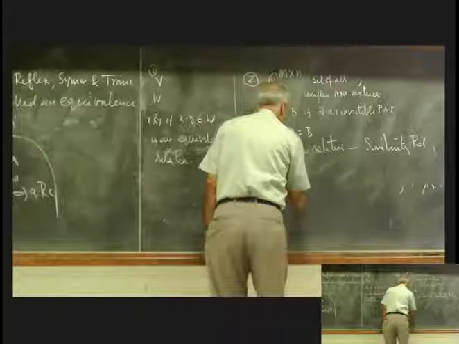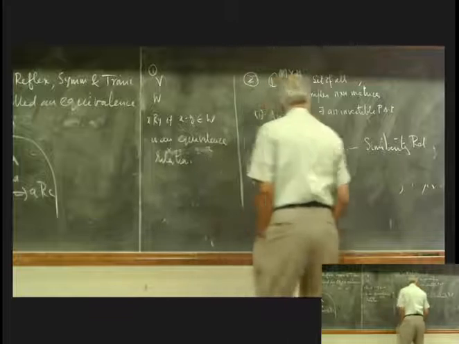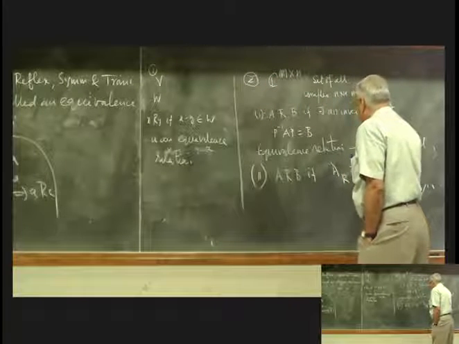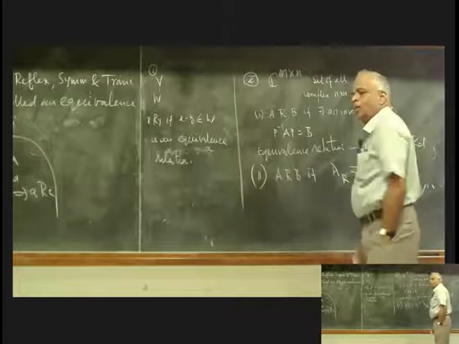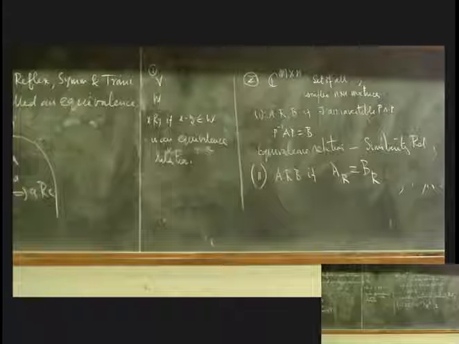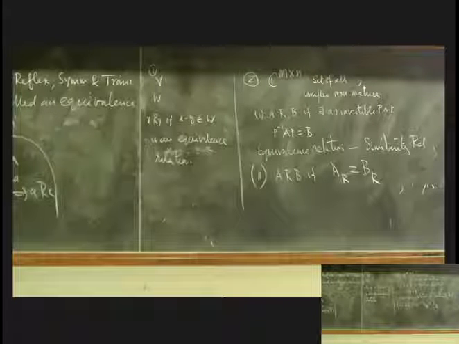I will say A is related to B if the row reduced form of A is the same as the row reduced form of B, the row reduced echelon form. Which means, in the context of solving systems of equations, the system Ax equal to 0 is the same as the system Bx equal to 0.